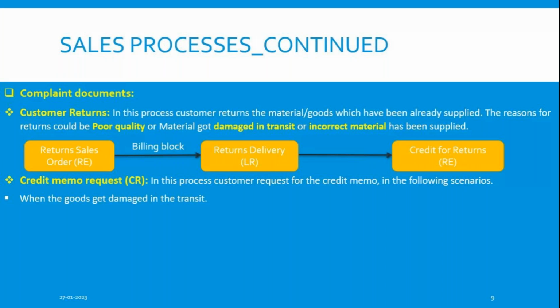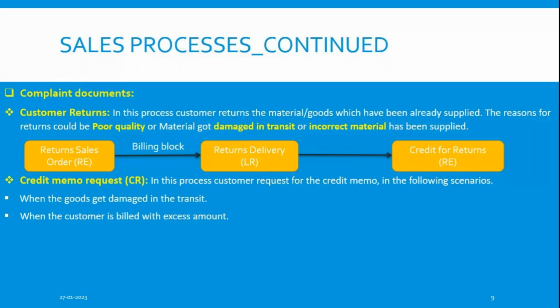Then what happened? Maybe the reason is that the goods got damaged in transit. Otherwise, when the customer is billed with an excess amount, let's say he asked for material 10 units, you delivered 10, but you have billed for 15 units. The customer realized later and says, oh my, I was given an extra bill, you have charged me an extra amount, so pay that back.